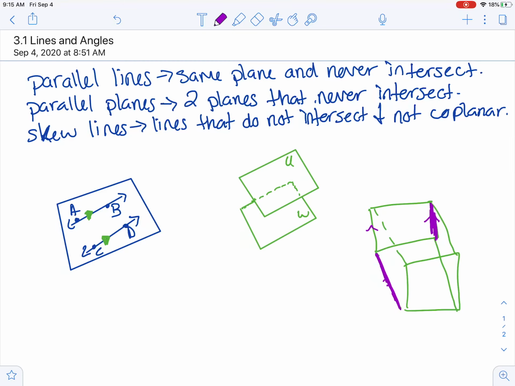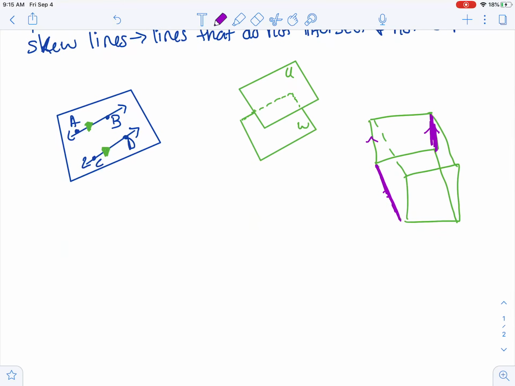So I want you guys to try a couple. Let's draw this box here, and we'll name all of the corners. All right, so here's our box.